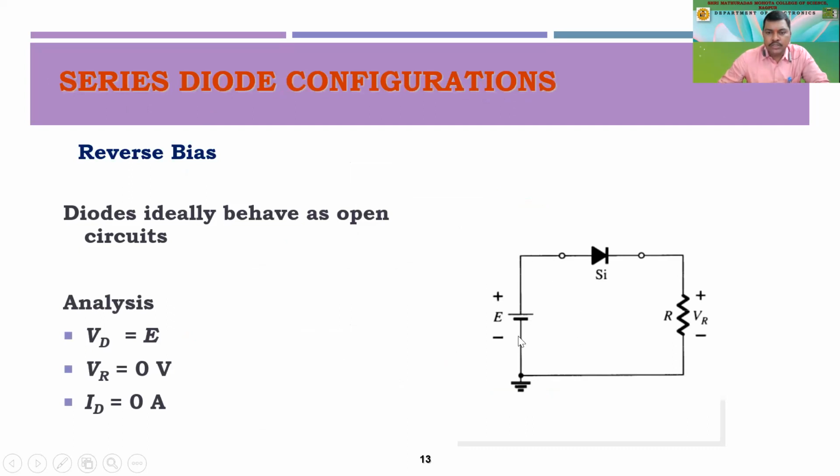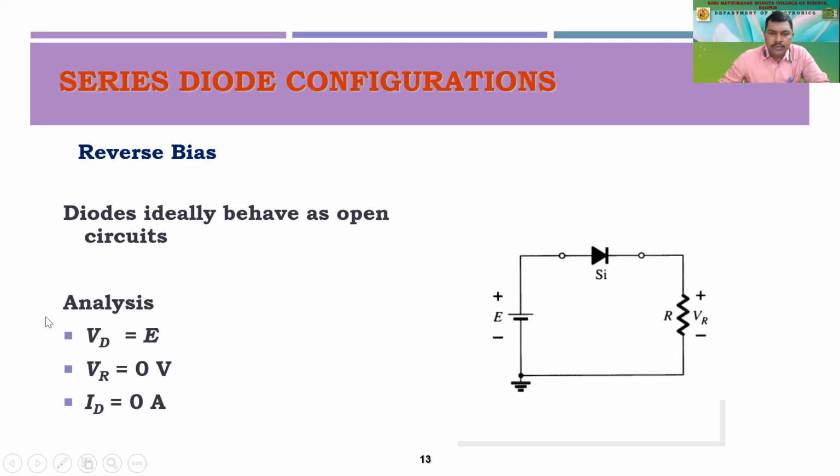We have a positive supply and ground, which we call negative. The positive terminal of the battery is connected to the anode of the diode, and the cathode is connected to the negative terminal of the battery through the load resistance RL, and the voltage is taken across the output resistance R, which we call VR.